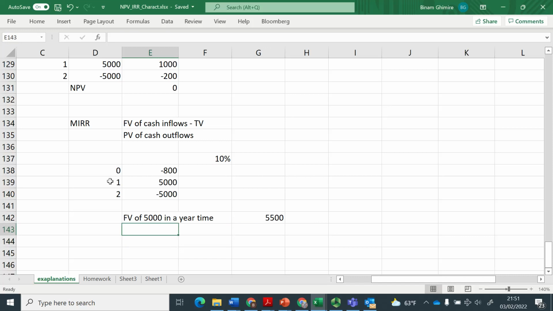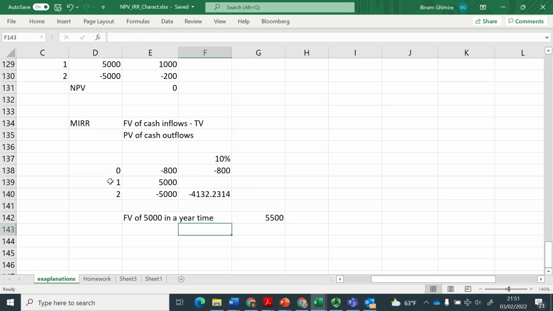Now you also need to find out the present value of the outflows, 800 and 5,000. So that's something you can find out here. This divided by 1 plus the same rate, and then this 0, which is going to give you the same answer. And now this time 5,000 after 2 years at 10% will be worth less than that 5,000. In fact, it will be worth just this amount, 4,132.